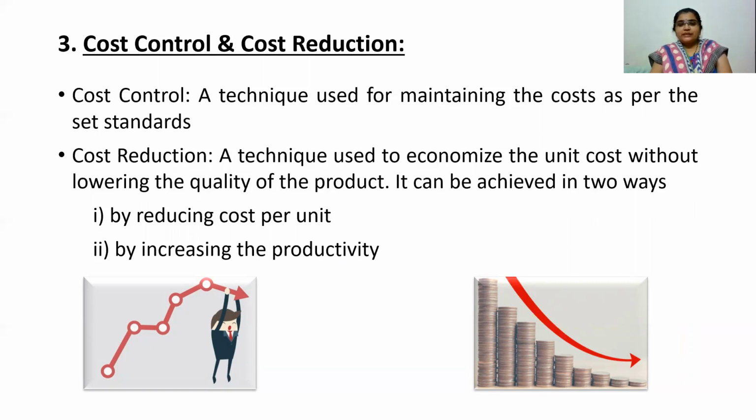We should not compromise the quality of a product. While maintaining the quality, we need to try to reduce or minimize the cost of that particular product. That is what we call cost reduction. It can be achieved in two ways: by reducing the cost per unit and by increasing the total productivity of a company.